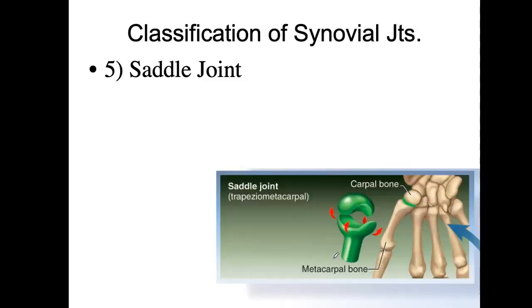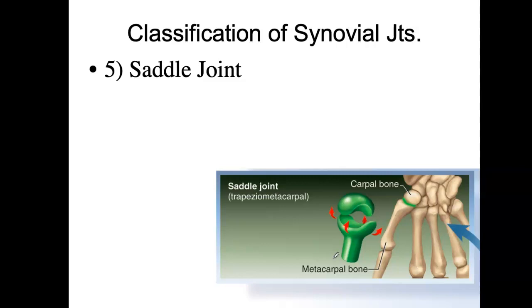Okay, another type of joint, not ellipsoid, it's called saddle, a saddle joint. And this is where you have two curvatures. Before we had convex and concave, and now it's like having two concaves together.